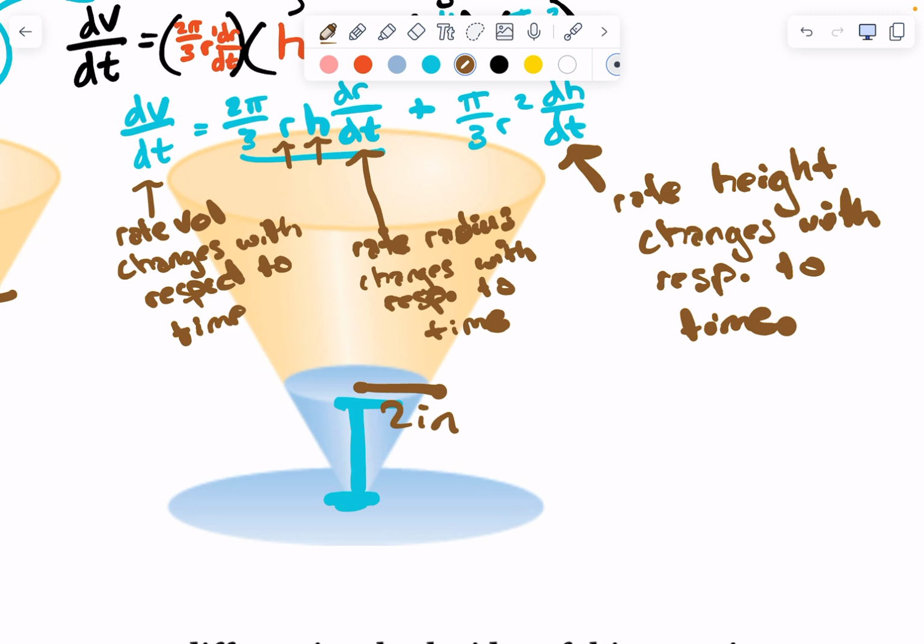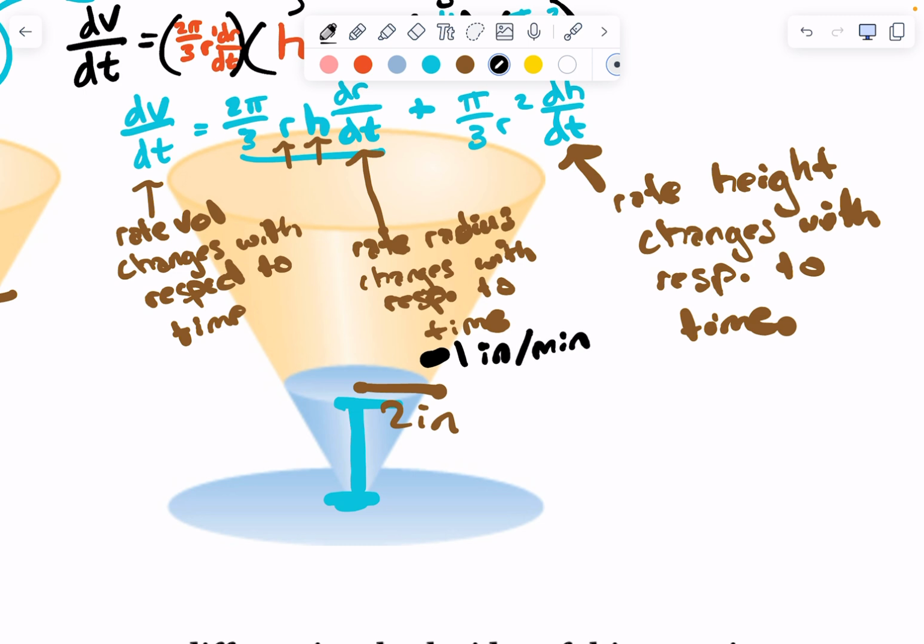The rate that the height changes is increasing as it goes down, right? Now the height is going down and the radius is going down. So you know what's going to happen? That's going to be negative, right? So maybe the radius is changing at negative 1 inch per minute, right?